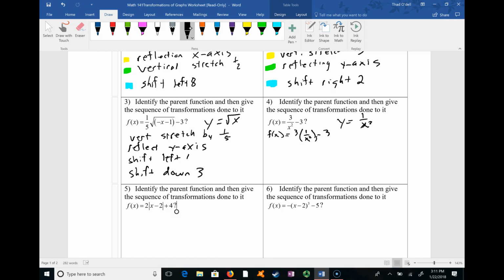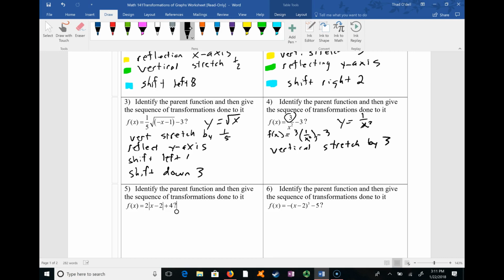Otherwise, there's no way I can turn a 1 into 3, except by multiplying by 3. So that means we have a vertical stretch by 3 because of that guy.